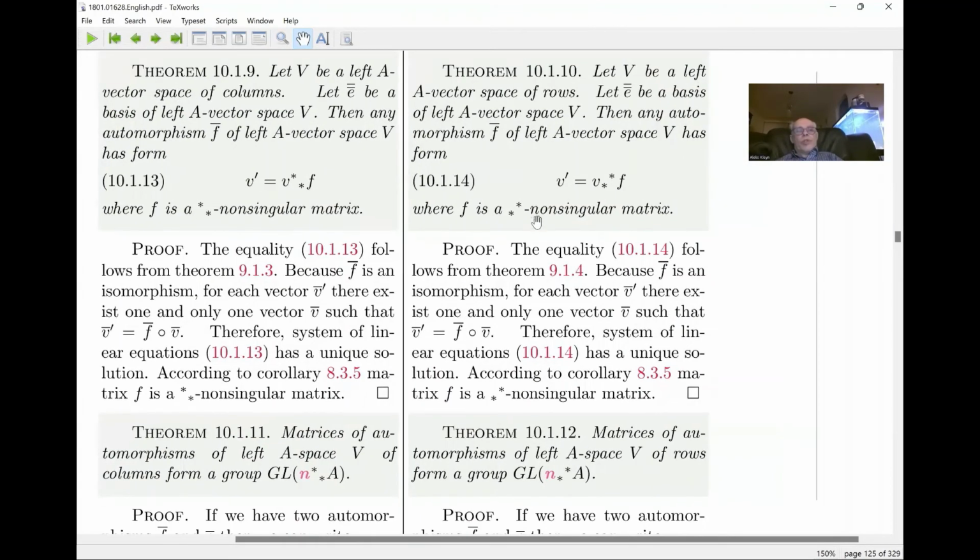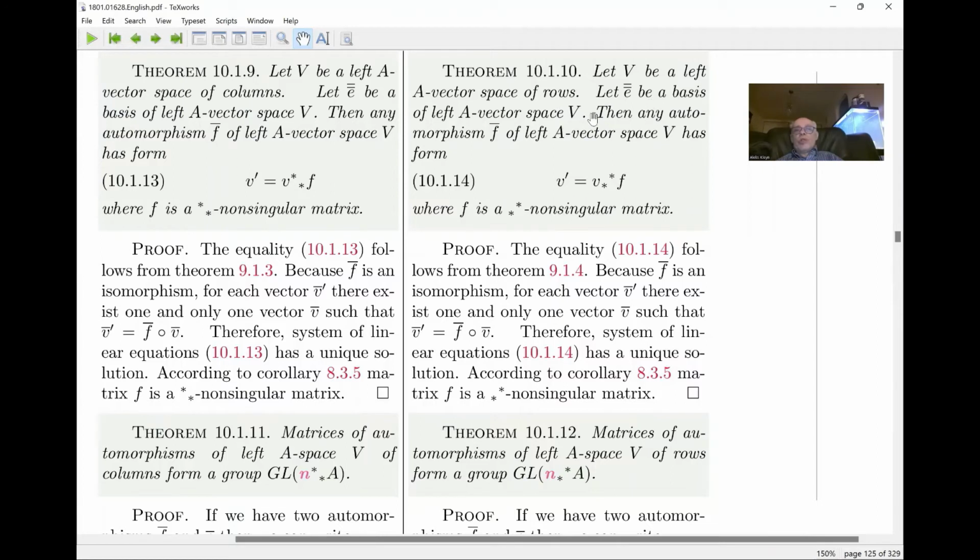Because F is an isomorphism, for each vector V' there exists one and only one vector V such that V' is the image of the vector V. Therefore, the system of linear equations 1.13 has a unique solution. According to the theory of systems of linear equations, F is a CR non-singular matrix.